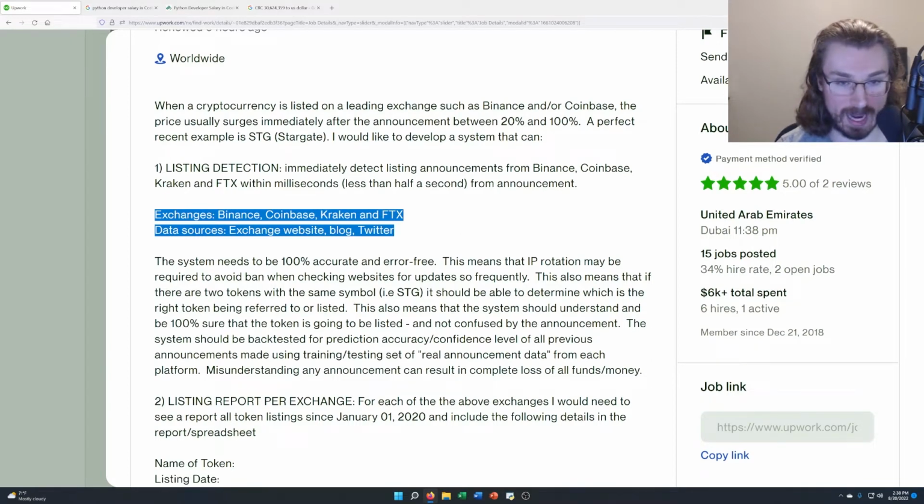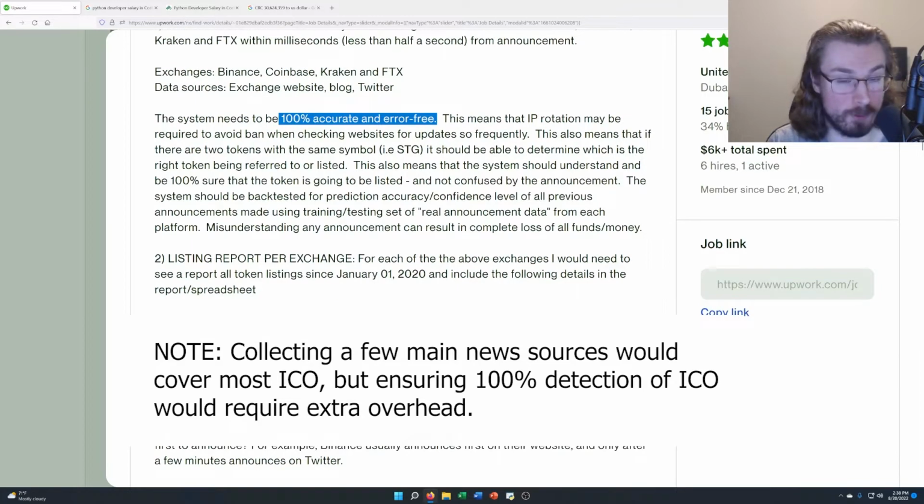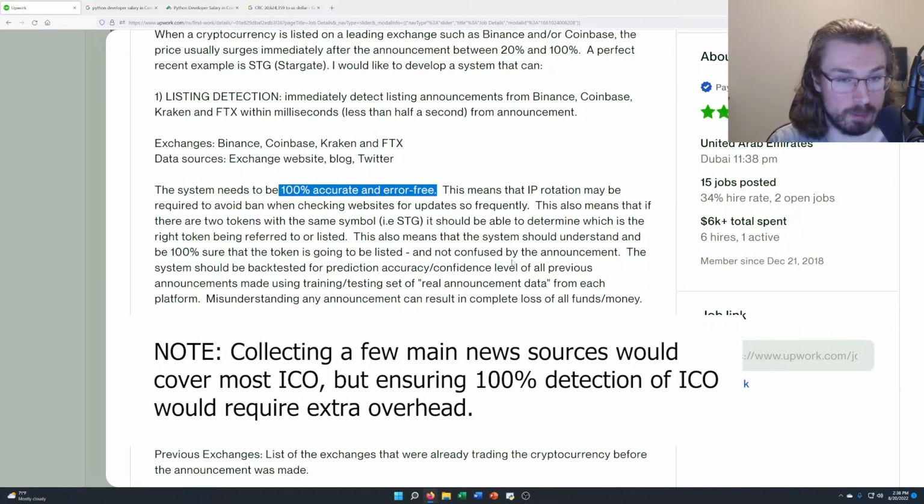So I can't guarantee 100% accuracy unless you're taking in so much data and so many news sources that you can safely say, yes, if anything happens in the world, we will know about it. There'll be some article somewhere in all the sources that says there's an initial offering of this crypto asset, which is not realistic and would require huge computational compute and infrastructure to process all of that news.